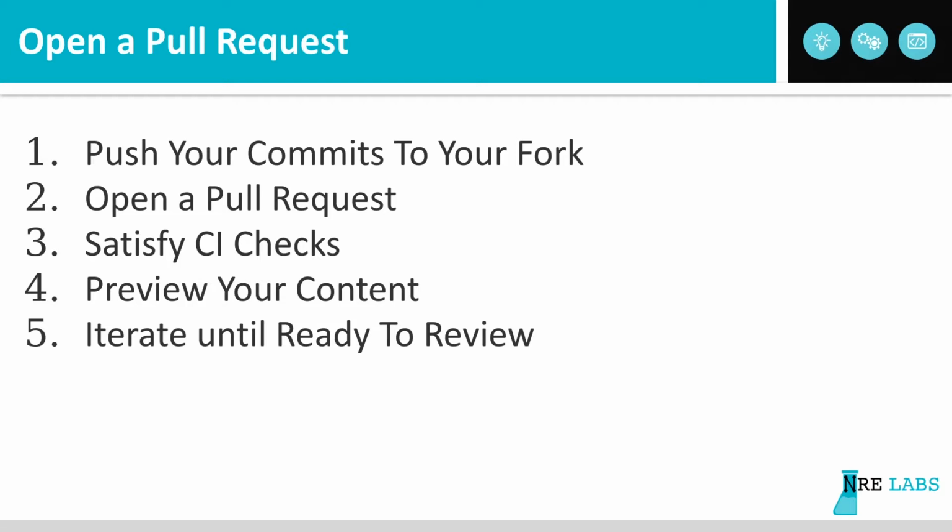You can do it really at any point as long as you're clear about what your intentions are, which we'll get to in a little bit. You can actually open a pull request really at any time. And as you'll see here in a little bit, we're opening a pull request pretty early, really before we have any content. Now, of course, your pull request won't be merged until it satisfies a bunch of things like quality requirements, things like that. But there's no restriction on opening a pull request to begin with.